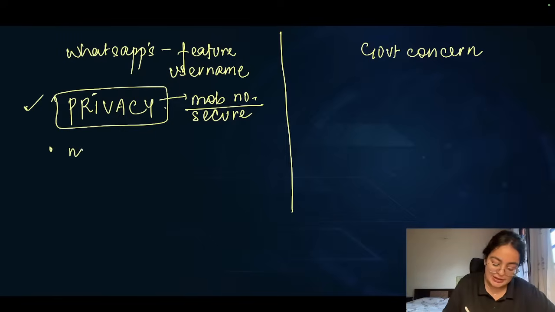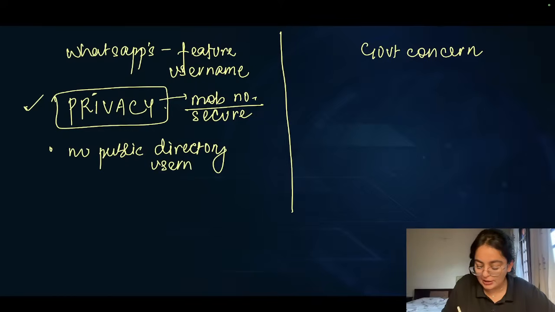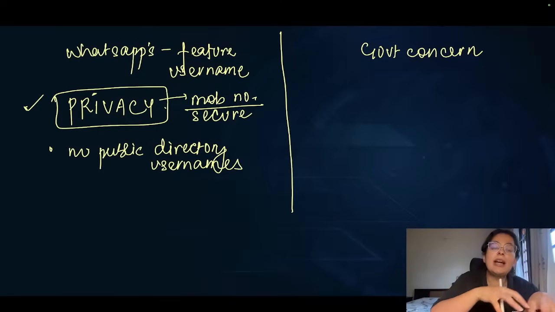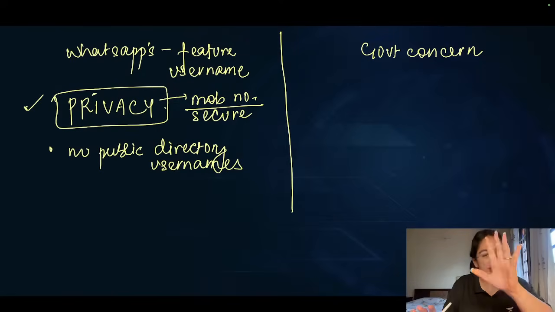So there will be no public directory of usernames. That means you can't randomly keep searching for usernames by guessing someone's name or surname, etc. That will not be the case. So there will not be any concerns.